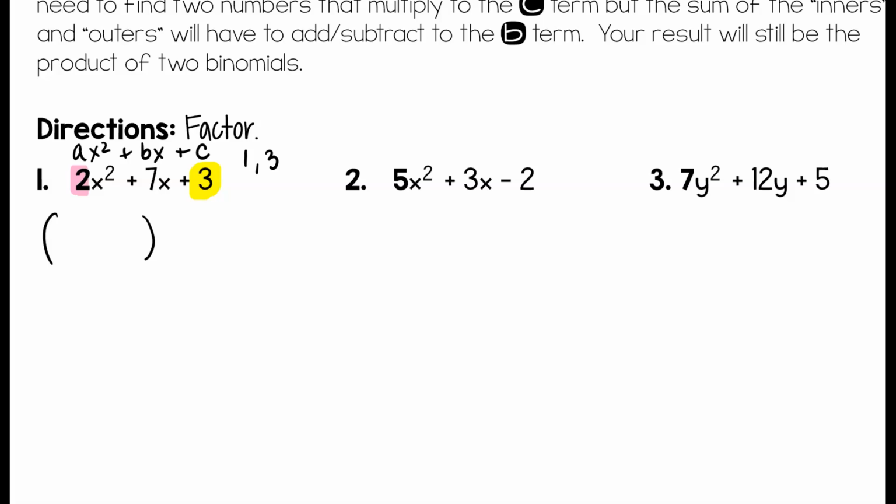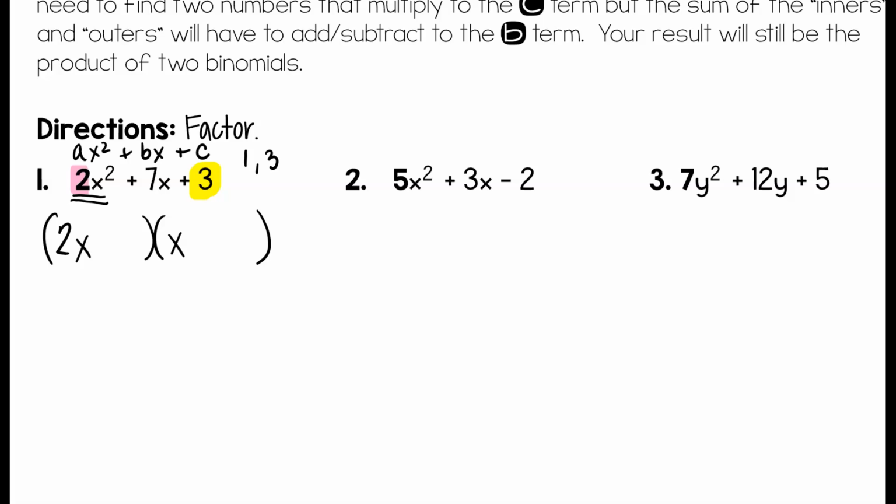Now they won't add to 7, but the product of the outers and the inners will. So unlike x with x, now we're going to have a 2x with an x. And that's our only option because 2 is prime, so the only way to multiply to 2x squared is 2x and x.